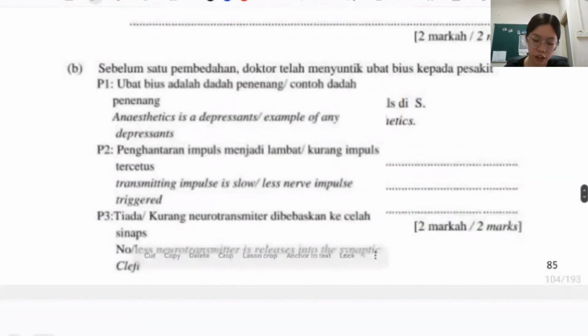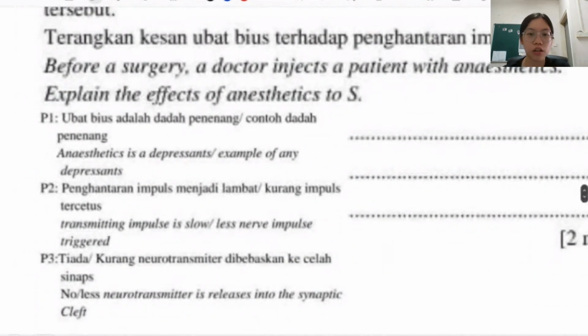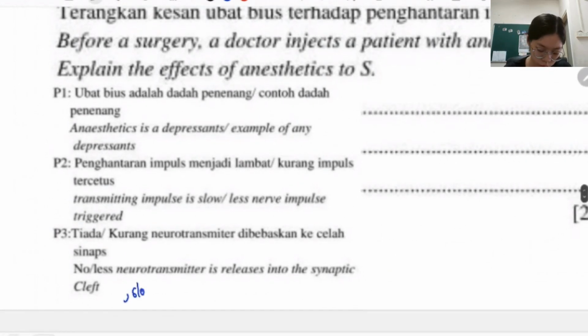So you can mention anesthetic is a depressant and it will cause less nerve impulse to be triggered, or slow down the transmission of impulse. Therefore, there will be less neurotransmitter released, thus slowing down the transmission of nerve impulse.